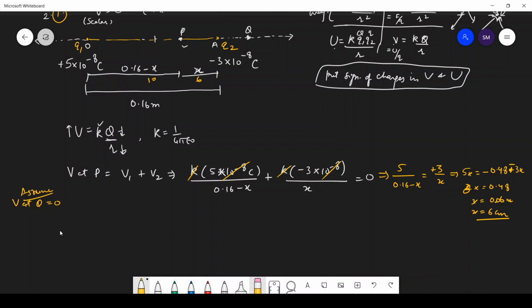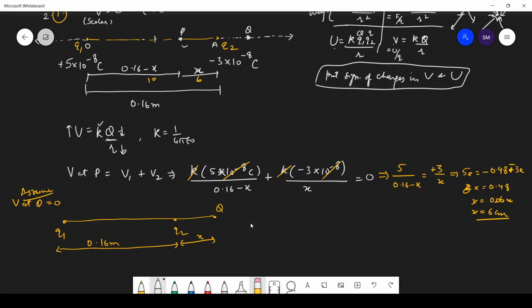Okay, so we have the charges here now, Q1 and Q2, and this is my point Q here, and this distance was 0.16 meters. Let this distance be x this time.